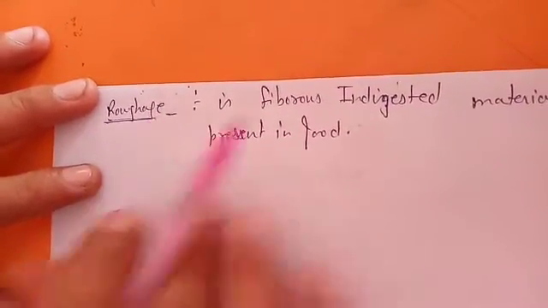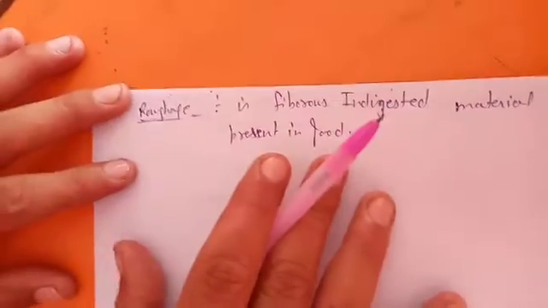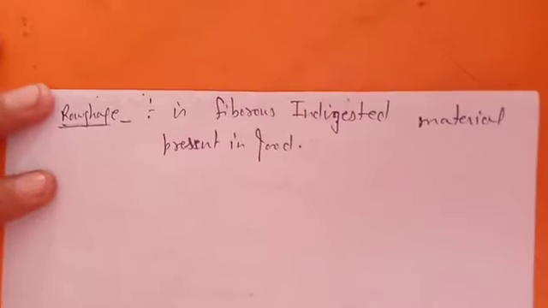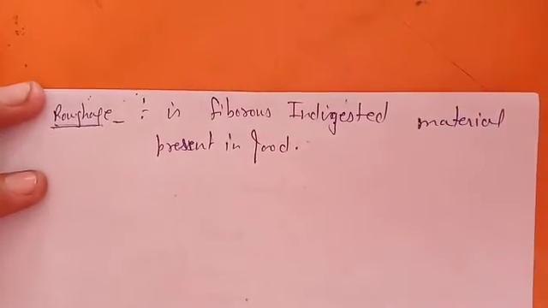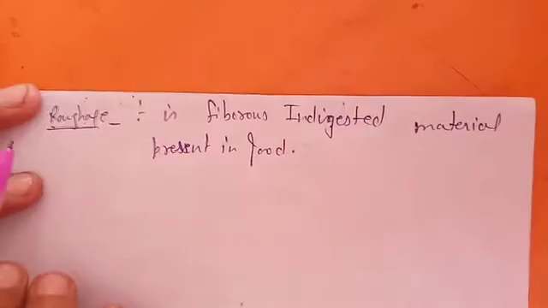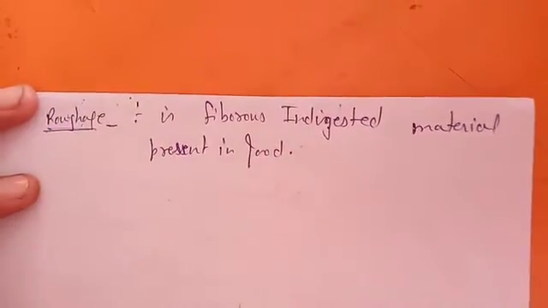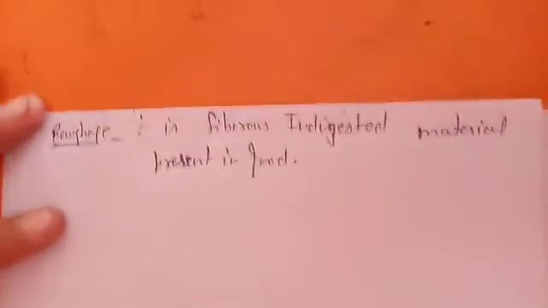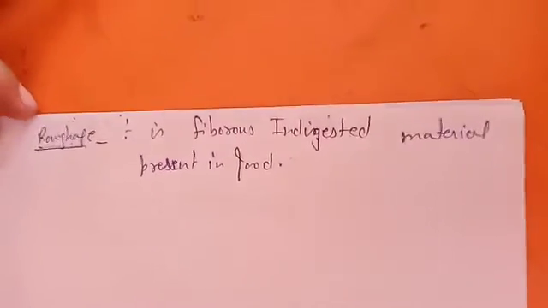You know that among the nutrients only carbohydrates and fats give energy; protein, vitamins and minerals do not. Roughage also does not give energy. It remains undigested inside the body.